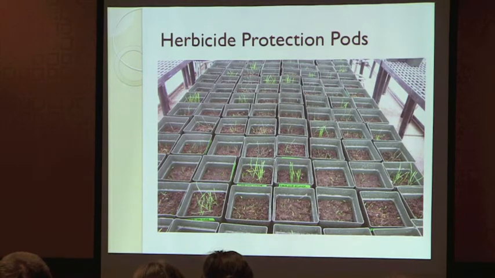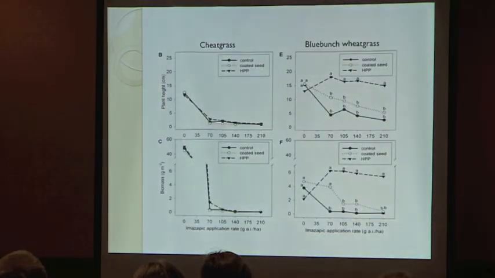You can see the little black blobs on the top of some of these. So we put these herbicide protection pods out and then sprayed with various amounts of imazapic, and then also just coated seeds very lightly with AC, and then had naked seeds as a control. So here's some of the data from that.